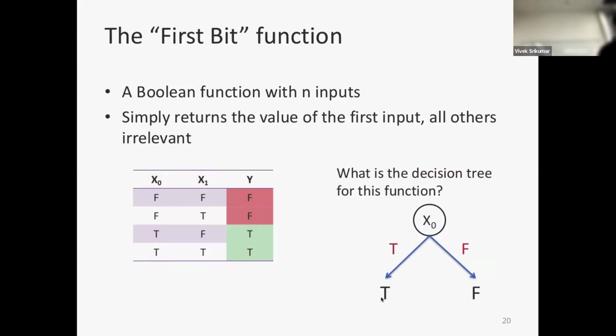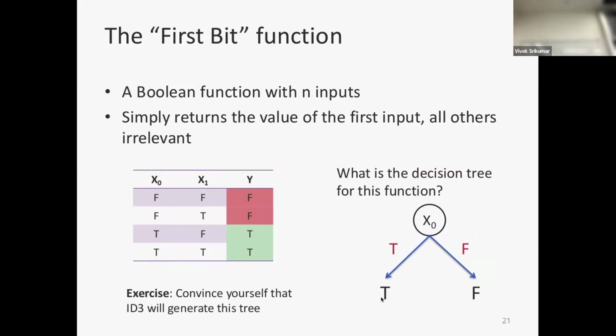The only reason I introduced this, and I'm not going to talk about overfitting, is you've already seen the decision tree learning algorithm, right? Imagine you take this data set and give it to the ID3 algorithm. As an exercise, I want you to convince yourself that ID3 will generate this tree. It will pick that feature.